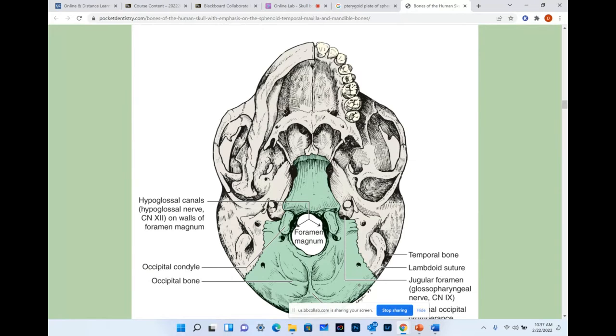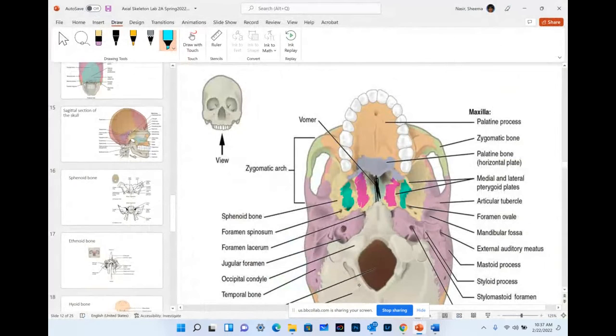This is the medial pterygoid plate, and outer to that, look at my cursor, that is the lateral pterygoid plate. Okay? The same medial and lateral pterygoid plate.